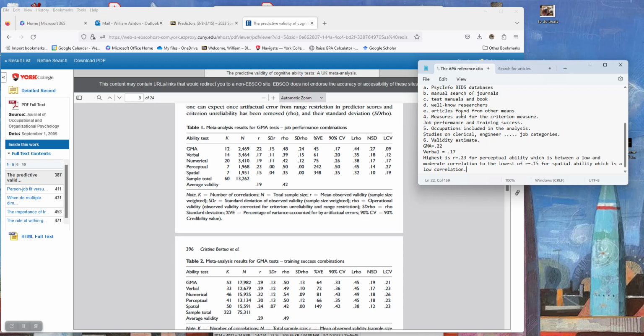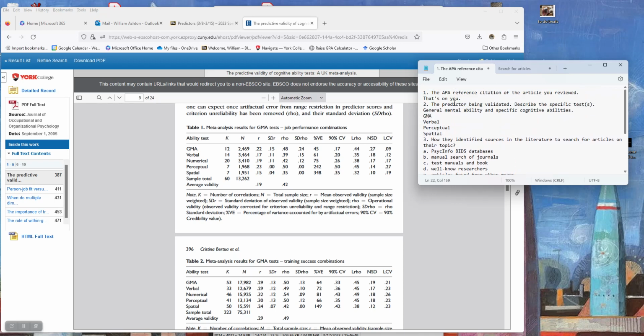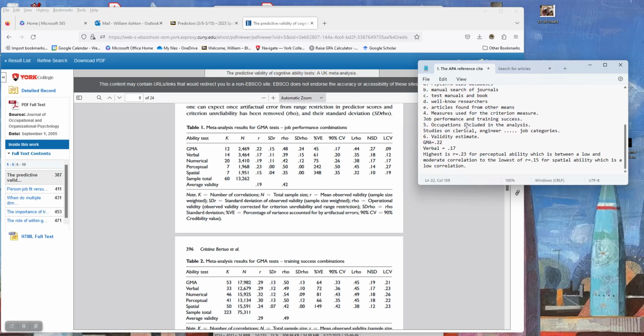And so that is going through and doing an example of the results.